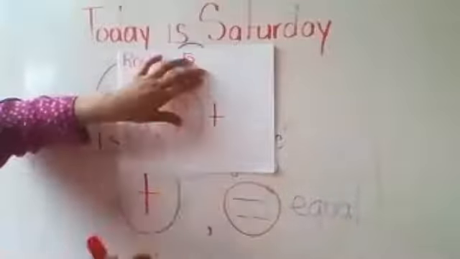But we cannot say, miss, we have 5 rocks and 3 rocks. No, we need to count. And how are we going to count? Do you remember how to count? Yes, right? We count.